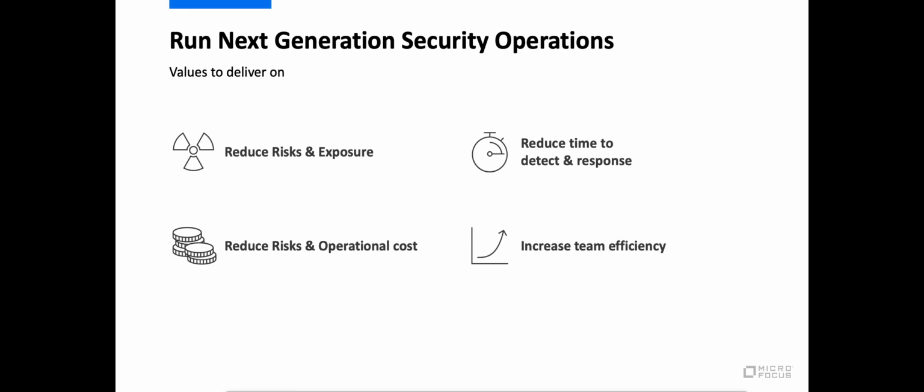And all of that, as a result, will help you increase the team efficiency so they can handle the threats faster, smarter, and with a fully informed decision making process so they can take the right decision the first time, every time.